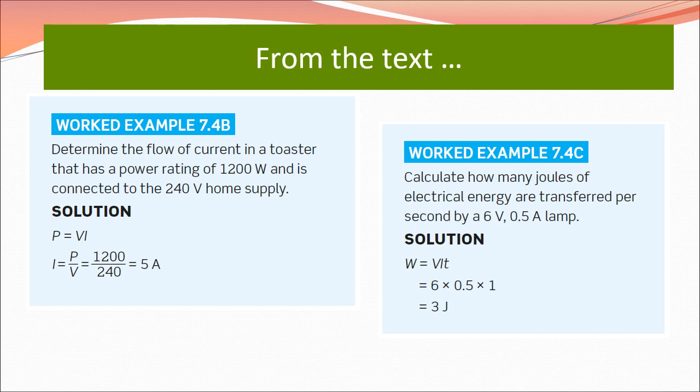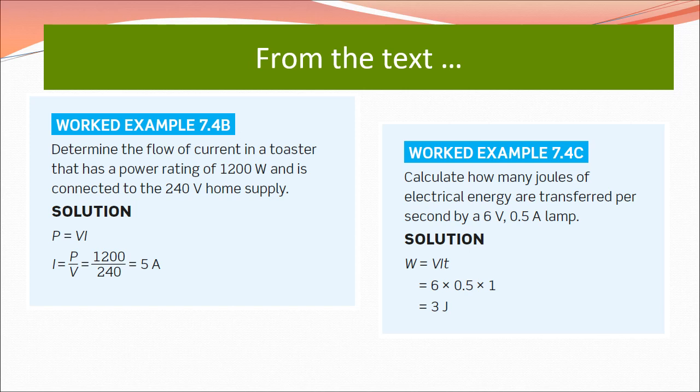And lastly, example 7.4c: how many joules of electrical energy are transferred per second by a 6 volt 0.5 amp lamp? For this one, energy transferred per second, it's actually asking for power. His answer is just given how many joules are transferred, which technically is okay, but if you ask for how many joules are transferred per second, it's asking for power.